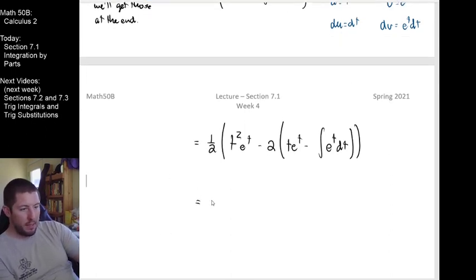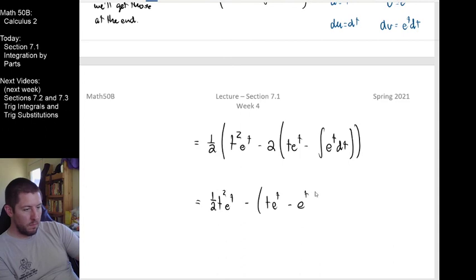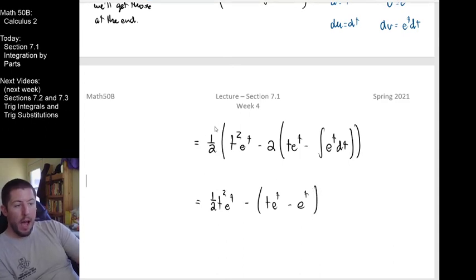Let's go ahead and expand some stuff. Minus, oh, in fact, there is no plus C because we're going to do a definite integral. Notice right here, by the way, I distributed this 1/2 onto the first term and then onto the collective second term, meaning I took 1/2 of 2 and that just allowed the negative to come along for the ride.